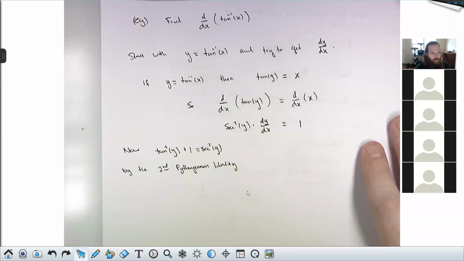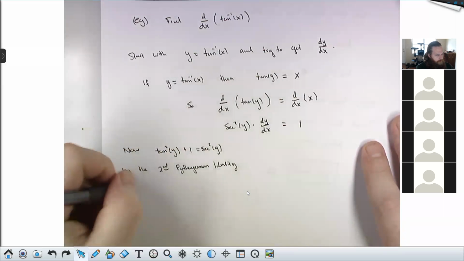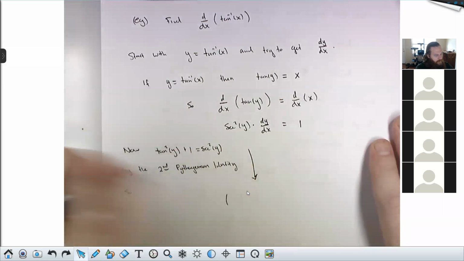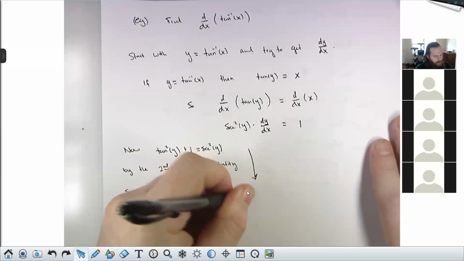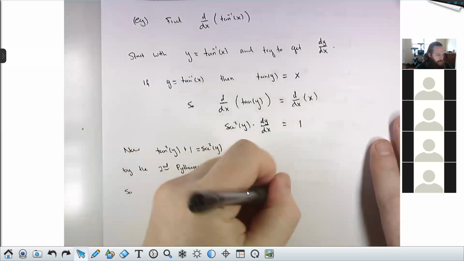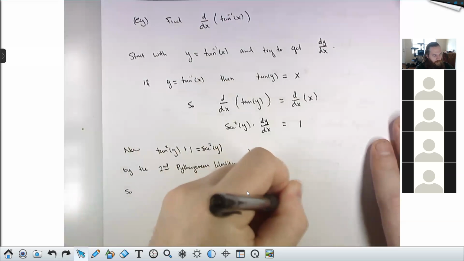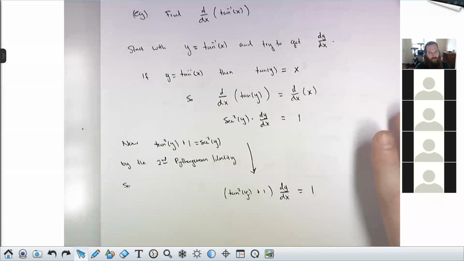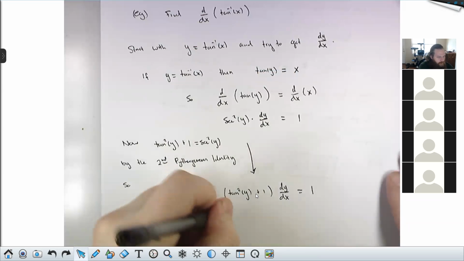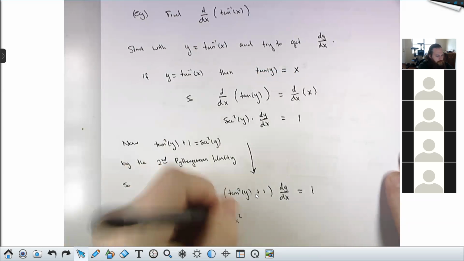Tan squared plus 1 equals secant squared. So secant squared of y is tangent squared of y plus 1. And then I still have my dy dx here, and I still have my 1 over there. But tangent of y is x. So tan squared y plus 1 is the same as x squared plus 1.